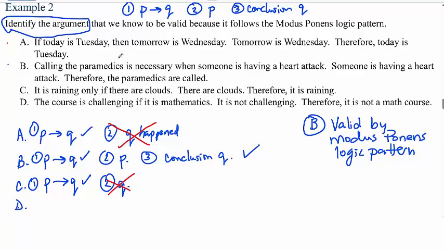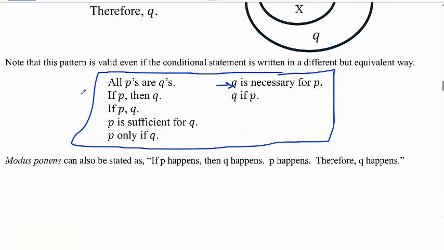So for part D, the course is challenging if it is mathematics. We have the keyword if right in the middle of the statement without the word only next to it. Just to remind you, this is the Q if P pattern, when you just see if in the middle of the sentence and no only next to it.